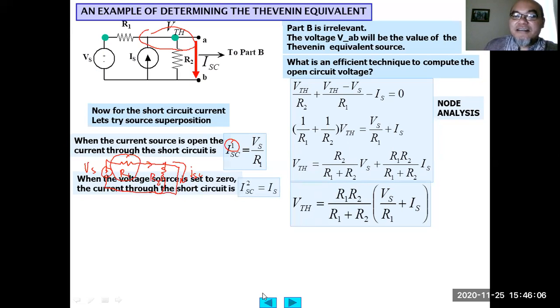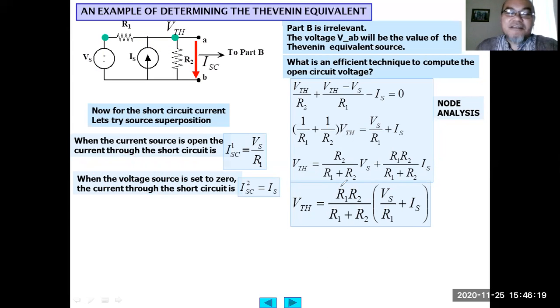IS. So in that case, we short circuit the Vs. Remember superposition from last week. You have to understand last week's lesson in order to understand now. So the second contribution, due to the IS, is calculated by short circuiting Vs. So if this is short circuited, then what happened?